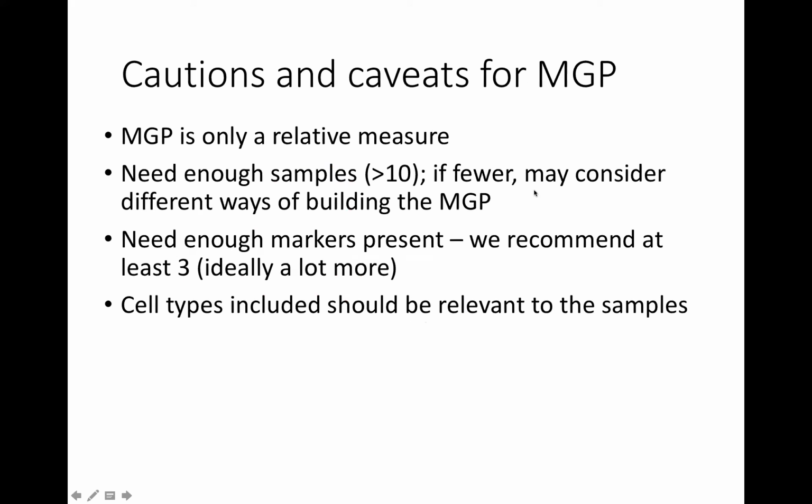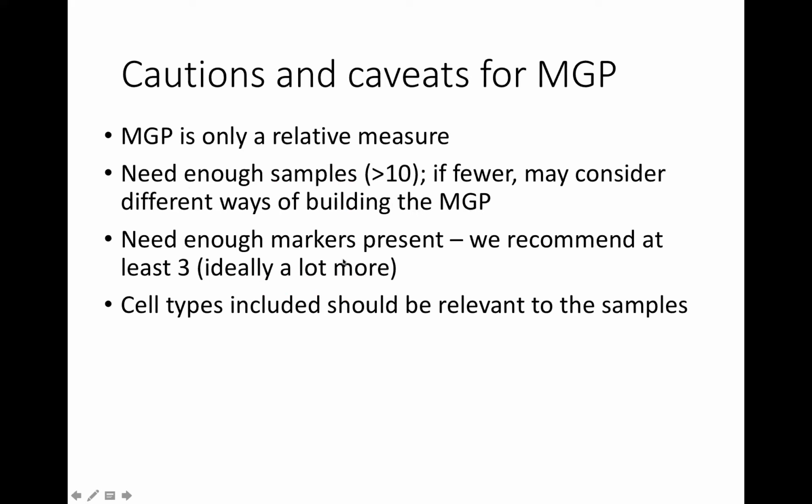So, in terms of cautions and caveats, I mentioned that MGP is only a relative measure. If you're going to use the eigengene approach, you really need enough samples. You could use some other way of building an MGP rather than principal component analysis, or use the enrichment type approach, which isn't so good for comparisons between cell types. You also need enough markers.